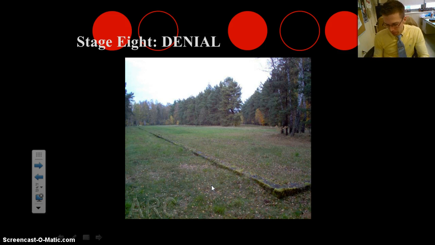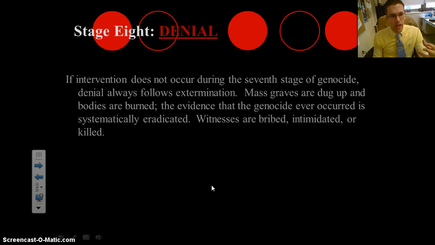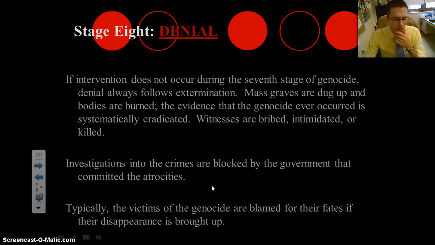And the last step after the killings are done is denial. We'll see leaders of countries today still denying that the Holocaust happened or was organized. We'll see mass graves dug up, bodies burned, evidence destroyed, witnesses killed, intimidated, bribed, blackmailed. Okay, oftentimes investigations are blocked by the government.